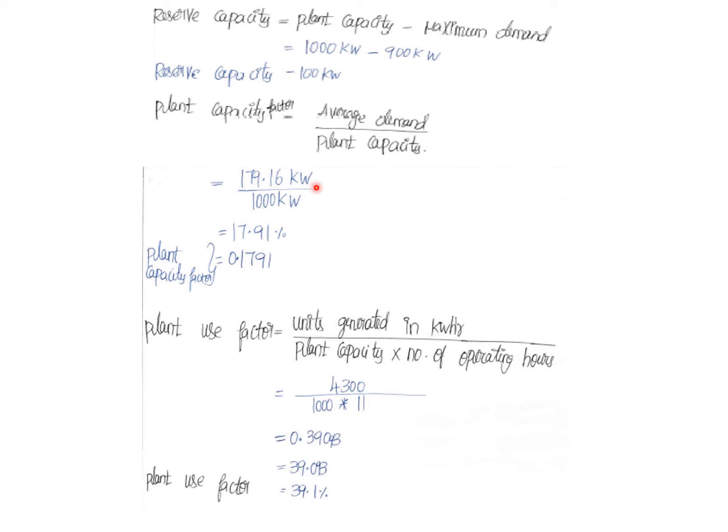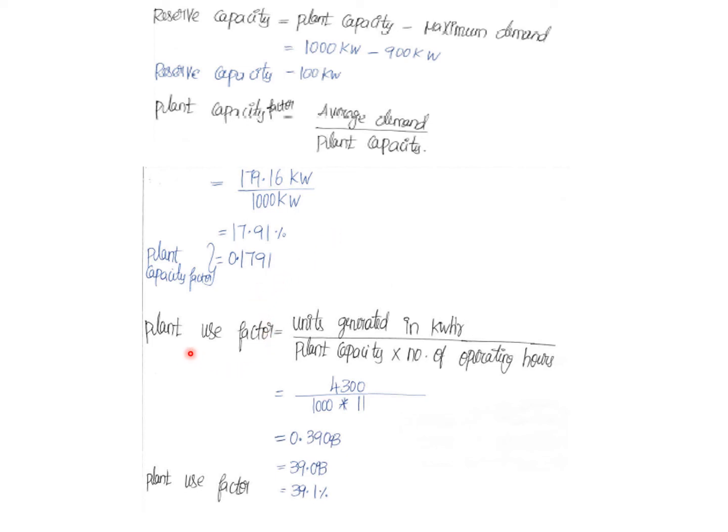The average demand already calculated is 179.16 kilowatt, divided by plant capacity 1000 kilowatt. So my plant capacity factor is 17.91 percent, or 0.1791.